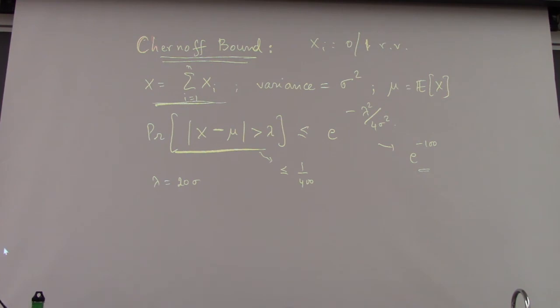It basically says that the likelihood that you are even a small constant multiple away from the standard deviation is actually very tiny. Another way to think about this is that x behaves like a Gaussian with mean mu and variance roughly sigma squared.